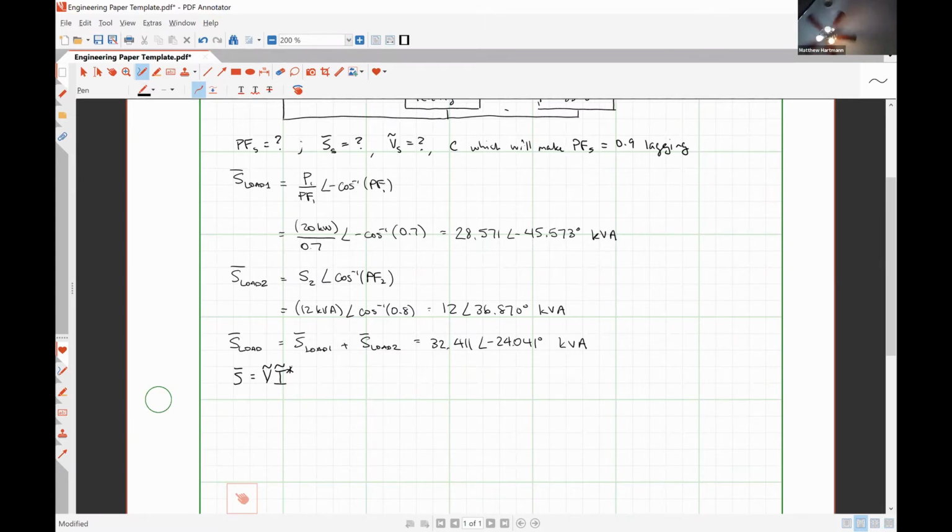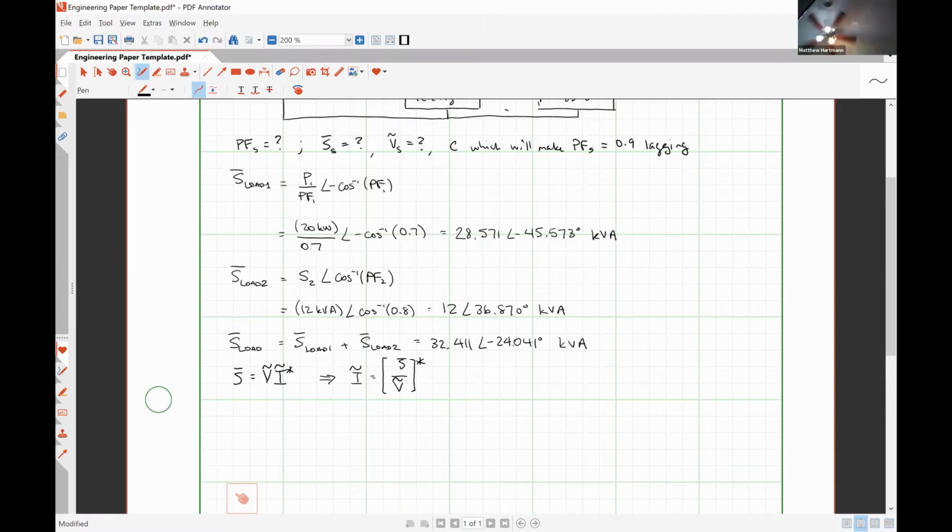We can rearrange this expression and find that the complex current phasor is going to be equal to our complex power divided by our RMS phasor voltage, and then we take the complex conjugate of that ratio.